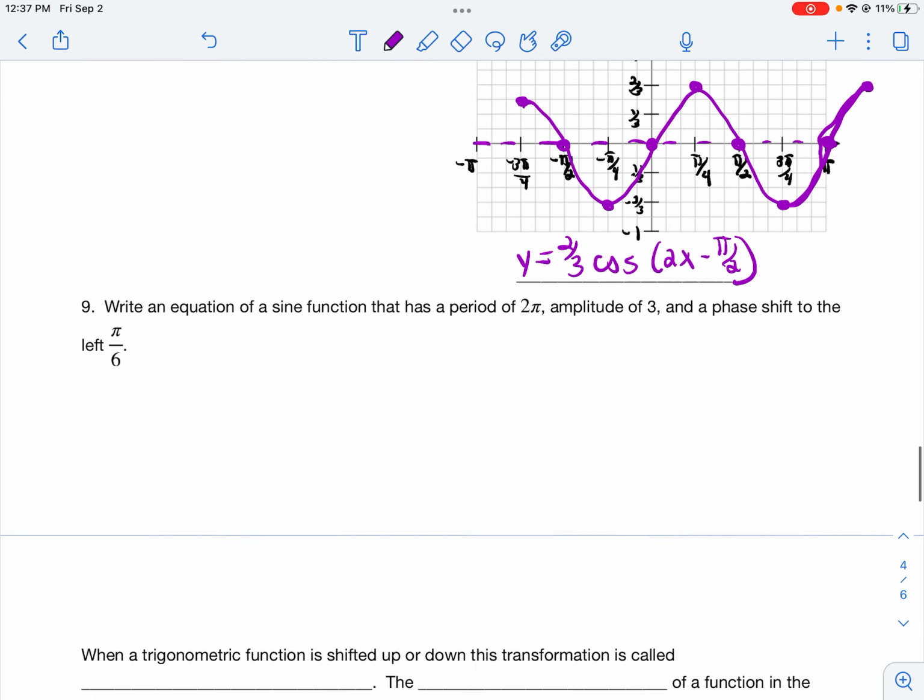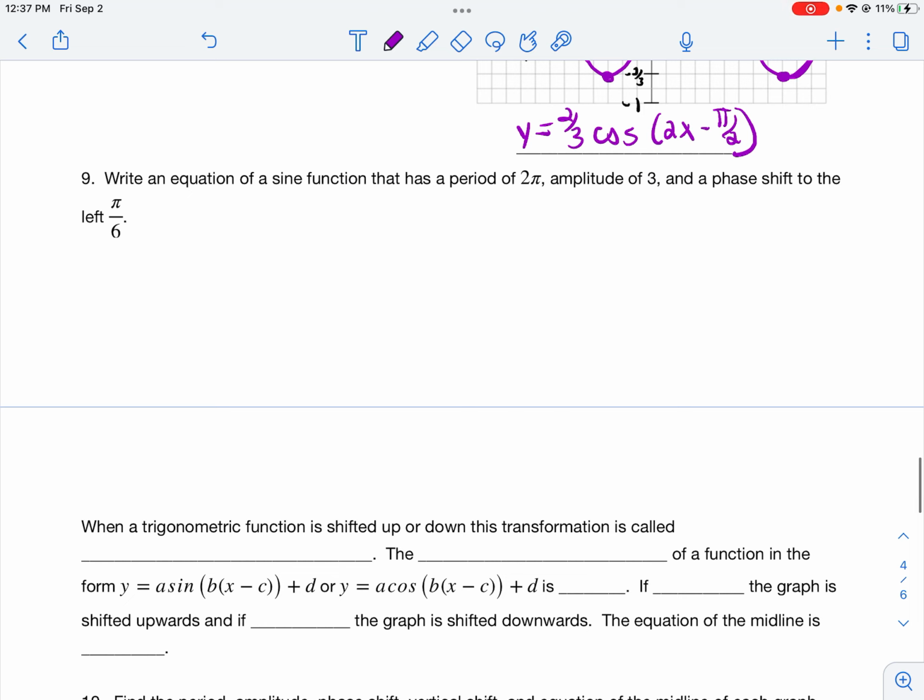Okay. Write the equation of a sine function that has a period of 2 pi, so that's our normal period. Since our period of 2 pi did not change anything, that means b must be 1. Amplitude of 3, and a phase shift to the left pi over 6.